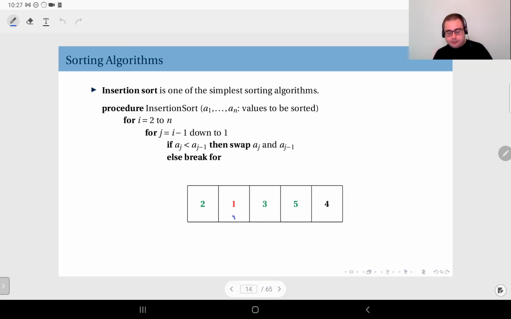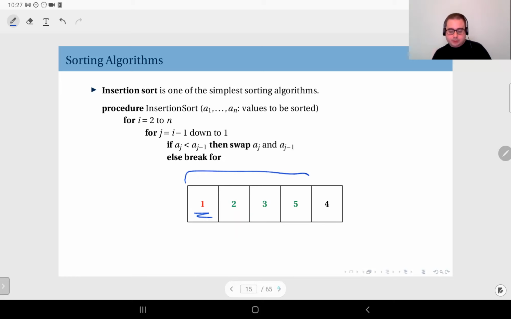And then finally, you compare these two, and the order is still incorrect, so you swap them. And now you have reached the start of this list, so you cannot go even further, which means the correct position within this sorted portion of 1 is this location.